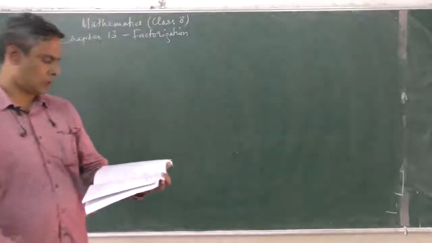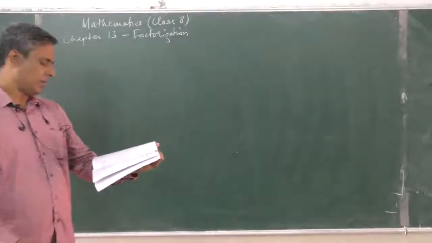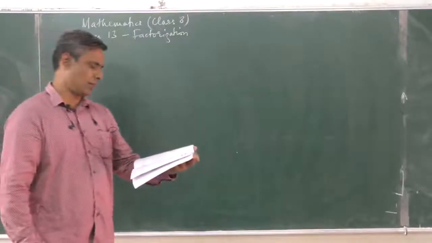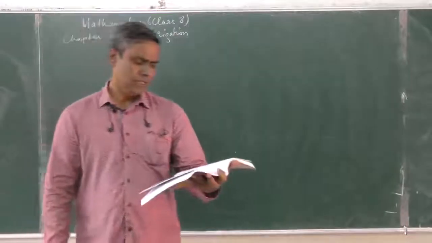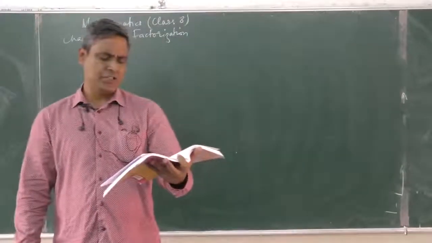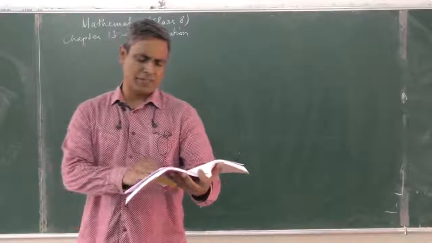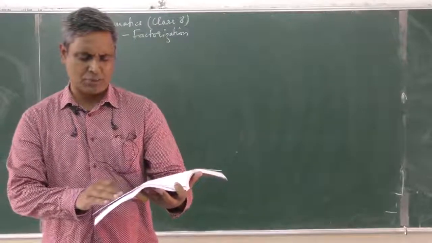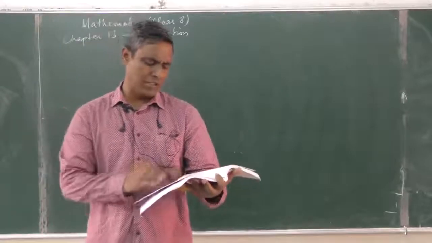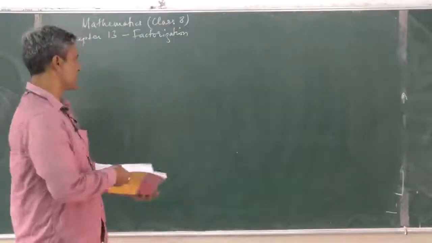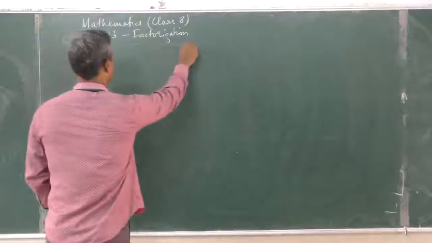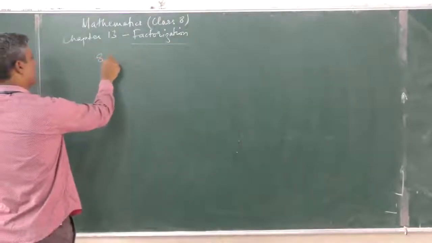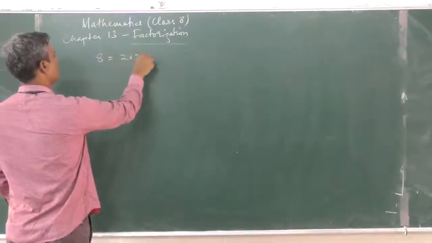Now let us begin this topic, factorization. If you look at the book, page 219, it says, factorization is the process of expressing an algebraic expression as a product of two or more algebraic expressions. Now, if you remember factorization for numbers, 8 is equal to 2 into 2 into 2.